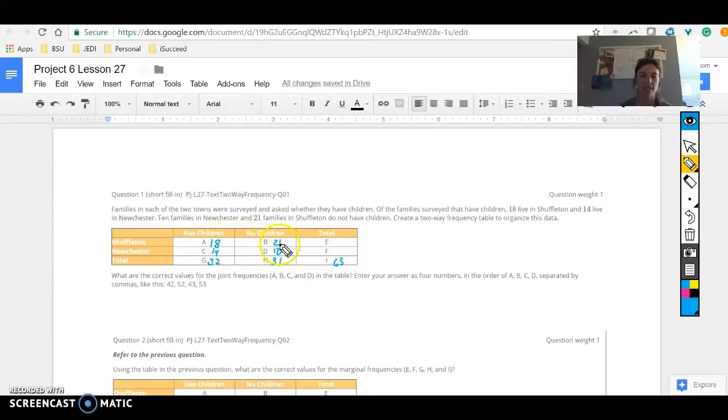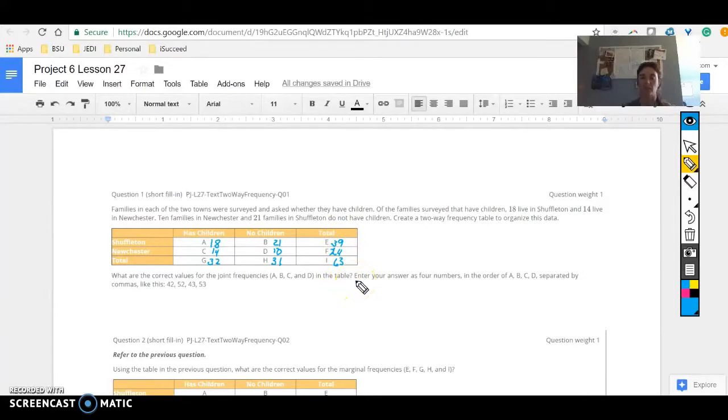Okay, 18 and 21 give me 39. And 14 and 10 give me 24. And just to make sure, the 2 cells in the bottom add up to 63, and the 2 cells above should also add up to 63, so 39 and 24 add up to 63.